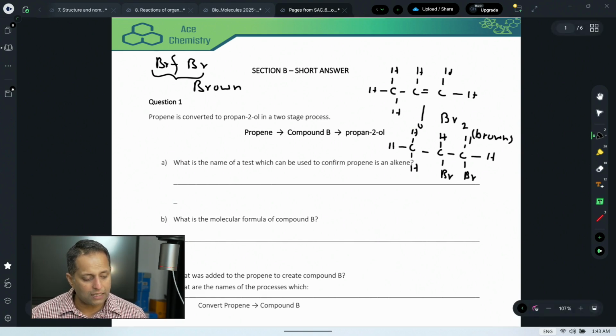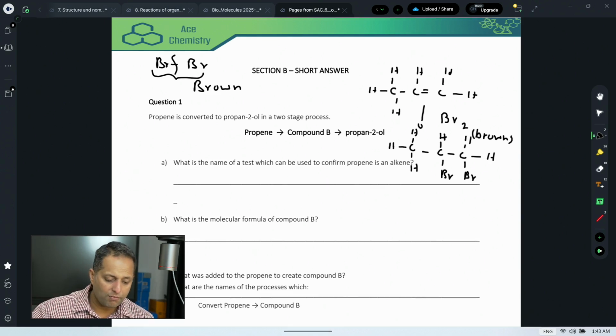It gets broken down, so the color changes. So that is the test. What is the test? This is called the bromine test. The color of the bromine changes from brown to colorless when bromine is added into an alkene. That's not that difficult, is it?